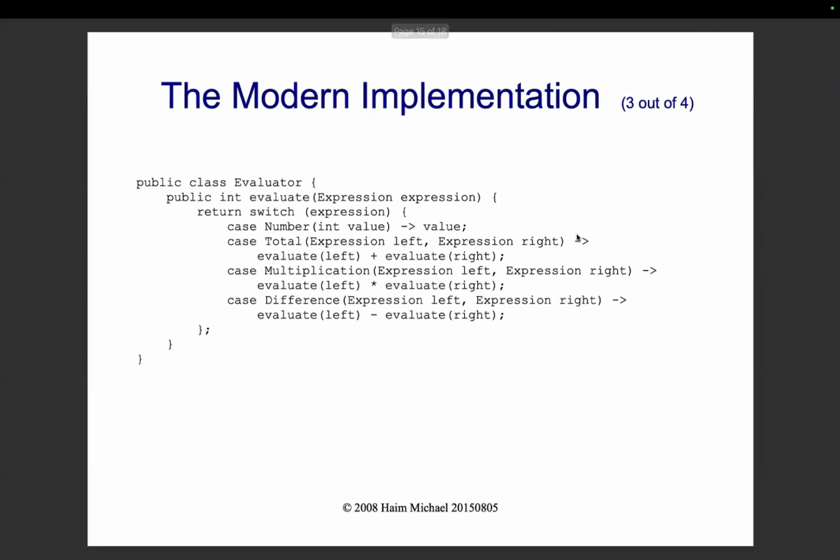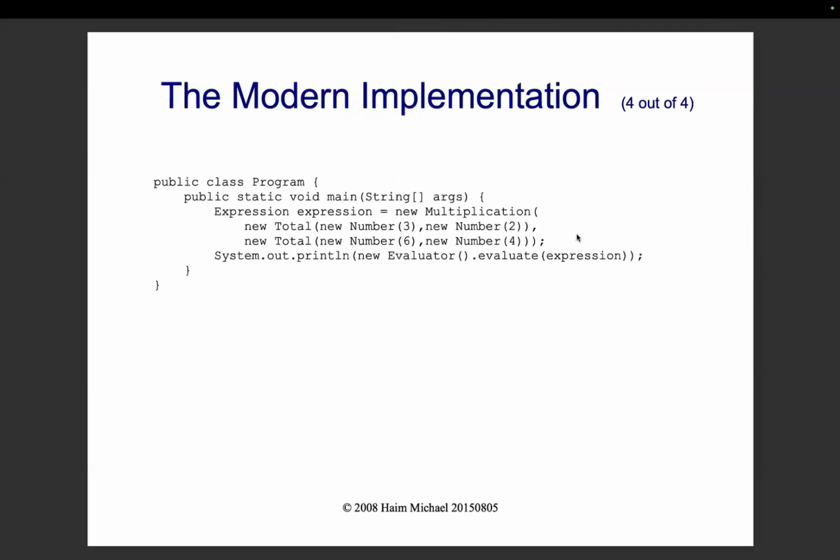Now, let's jump over to this program. So now I can create an object of the type multiplication, the same as we had before. Now the multiplication object that we create holds two expressions.